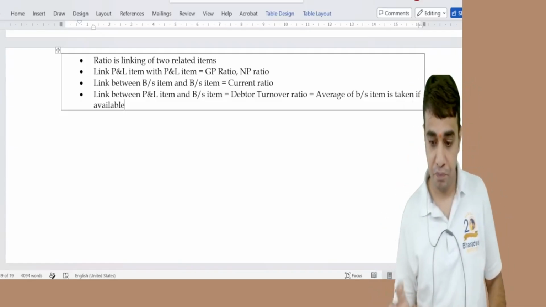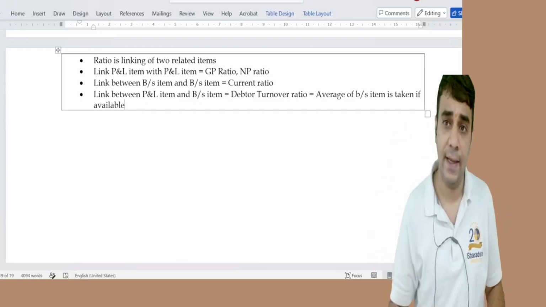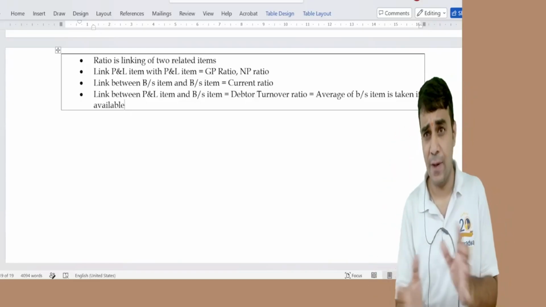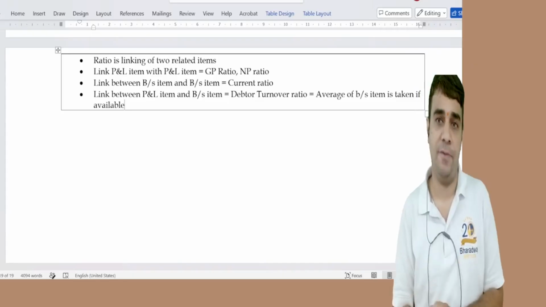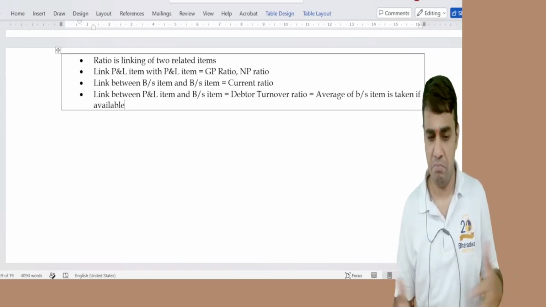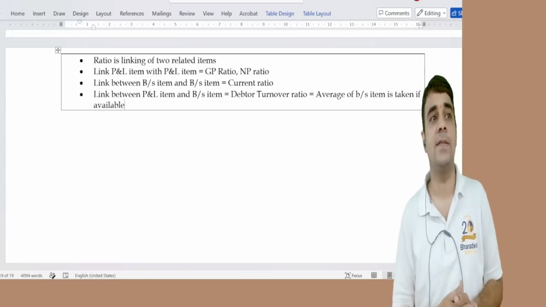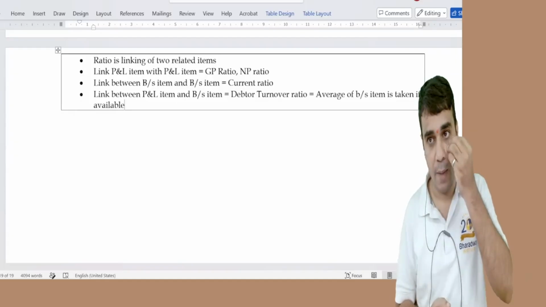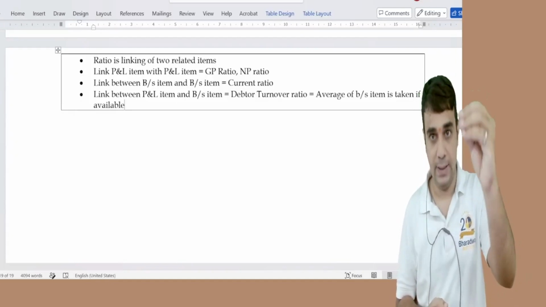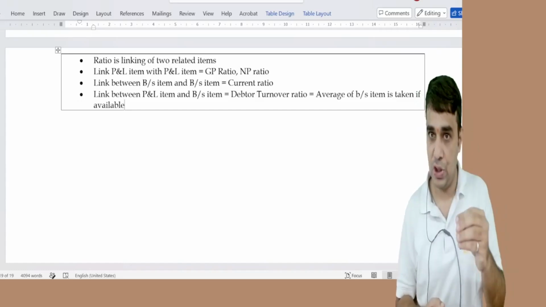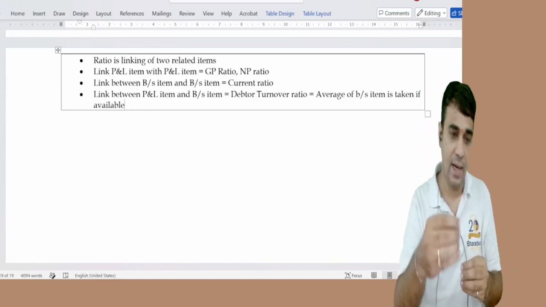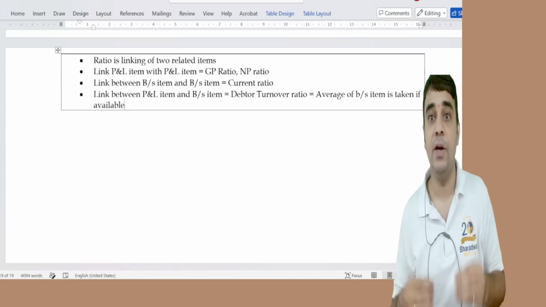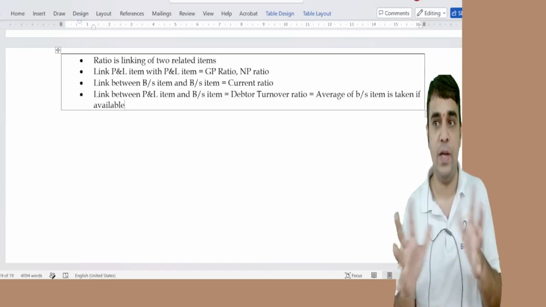Reason is, on the last day, my balance sheet figure may get impacted significantly because of some issues which would have happened. Classic example, COVID happened in the month of March. So in that year, if you take the ratio where one P&L and one balance sheet item is linked, you may find the ratios to be very odd.